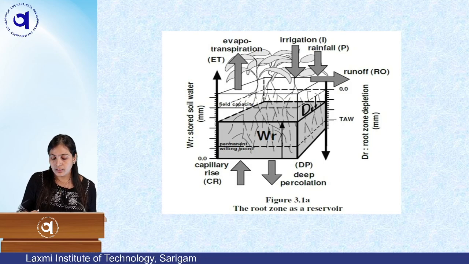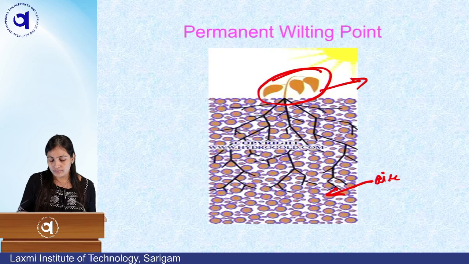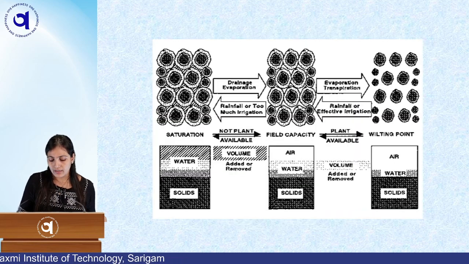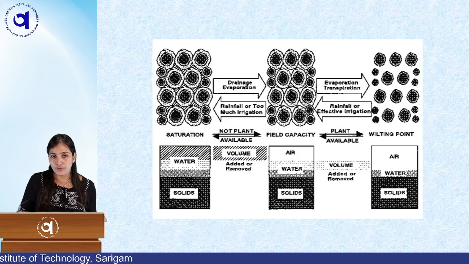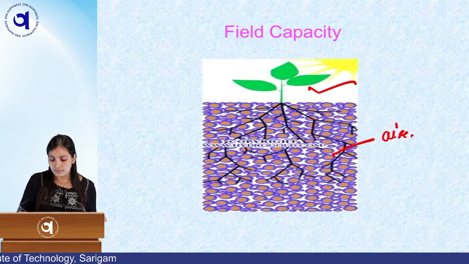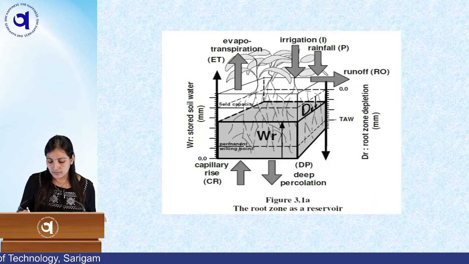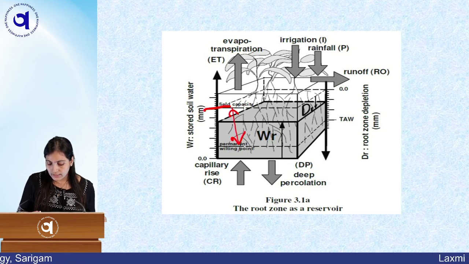This is the 3D view, a presentation of the same diagram I have shown you. This is field capacity. Here water is available in this area, and this is the permanent wilting point.